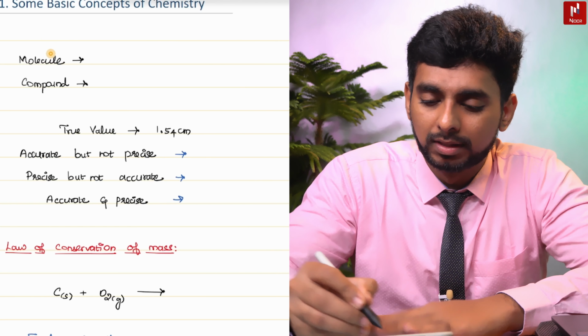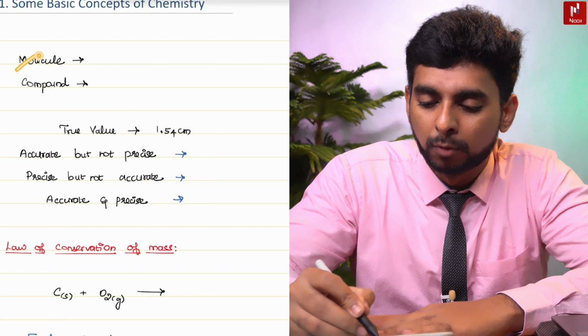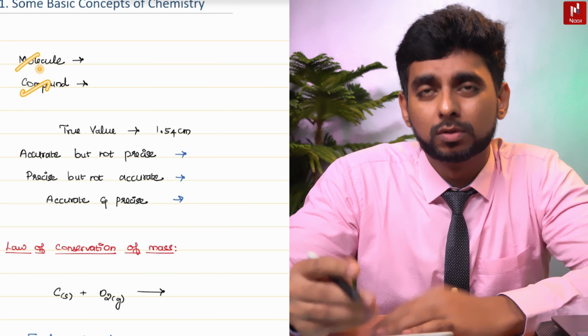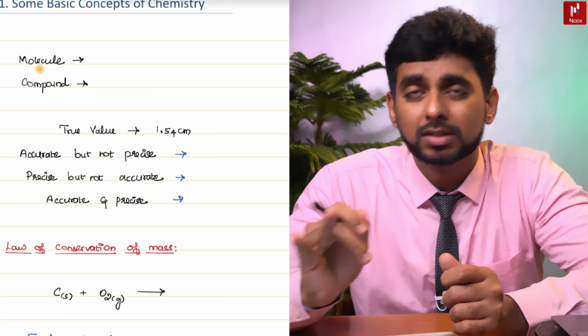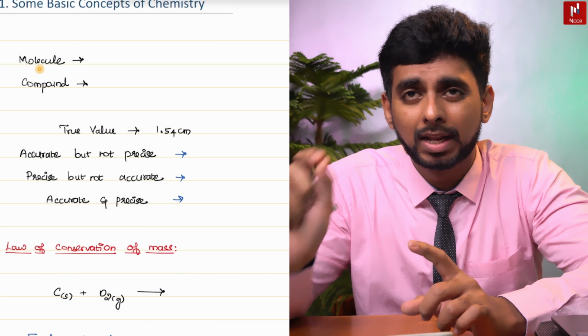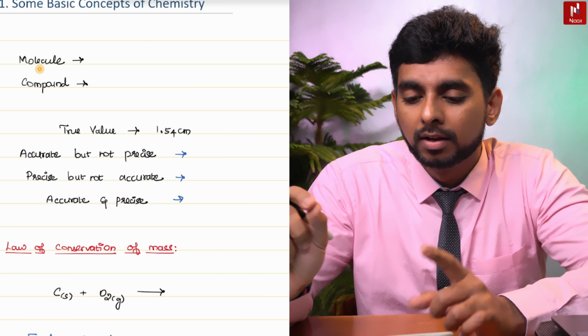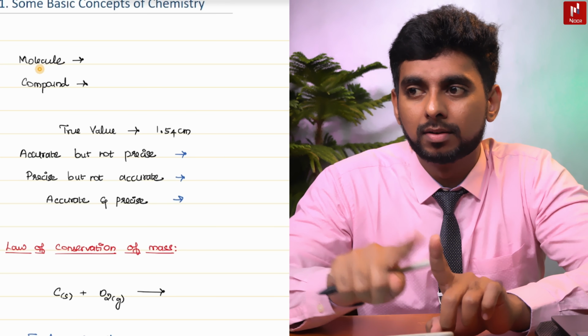So here you have the first basic understanding, which is the molecule and the compound. Fine. So how should I differentiate between a molecule and a compound? We obviously know an atom is a single entity of an element. When two atoms combine, they produce a molecule or a compound.